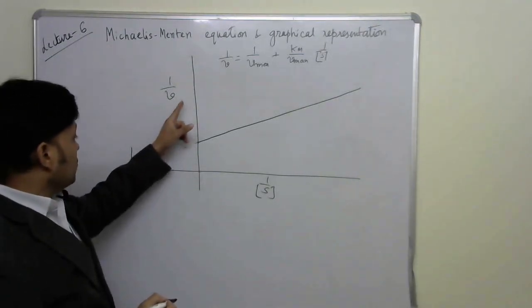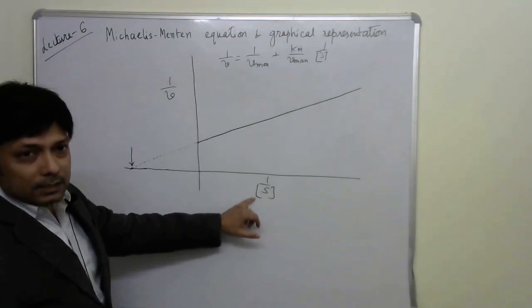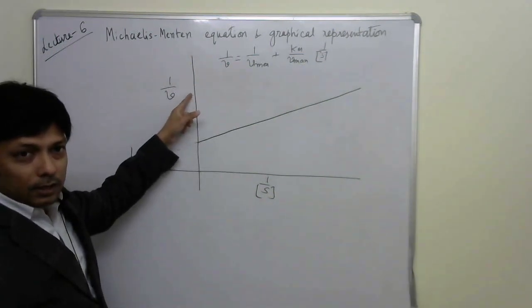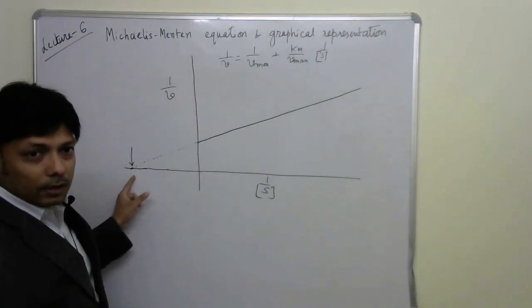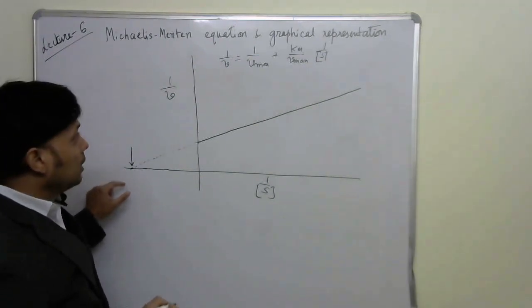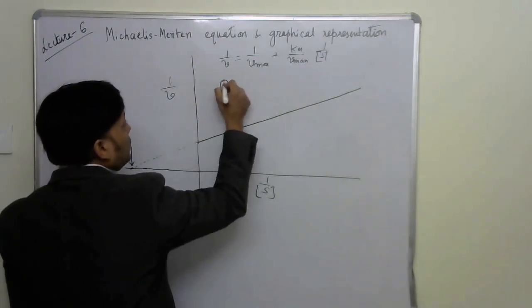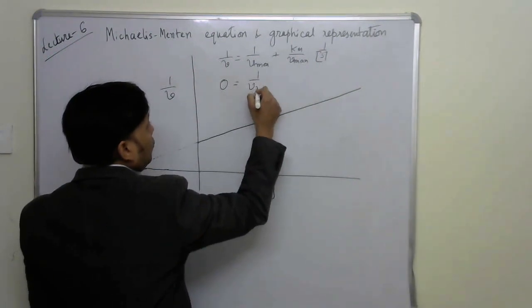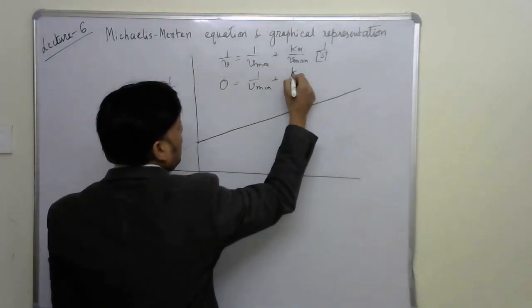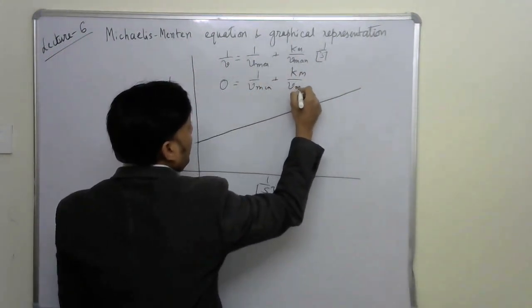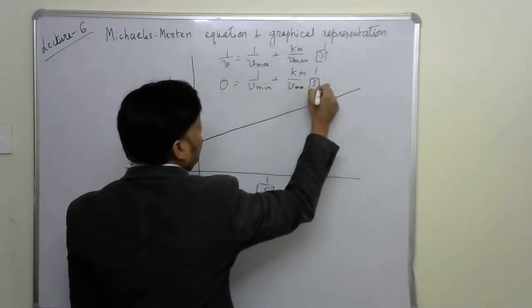So the question is, what is the value of 1 over S when 1 over V becomes 0? So from here we put 1 over V equal to 0, which is equal to 1 over Vmax plus Km divided by Vmax multiplied by 1 over S.